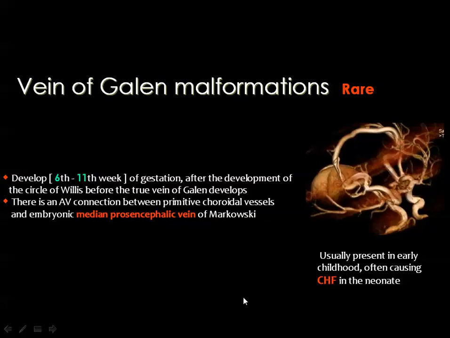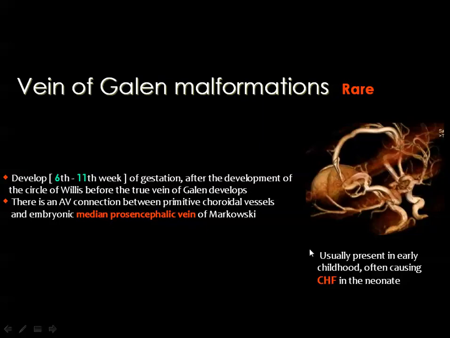Then this is not a malformation and is not an aneurysm, but it is a fistula. This is an arteriovenous fistula between the primitive choroidal vessels and a vein which is the precursor of the vein of Galen, known as the median prosencephalic vein. This median prosencephalic vein will normally regress and the vein of Galen will develop later on.